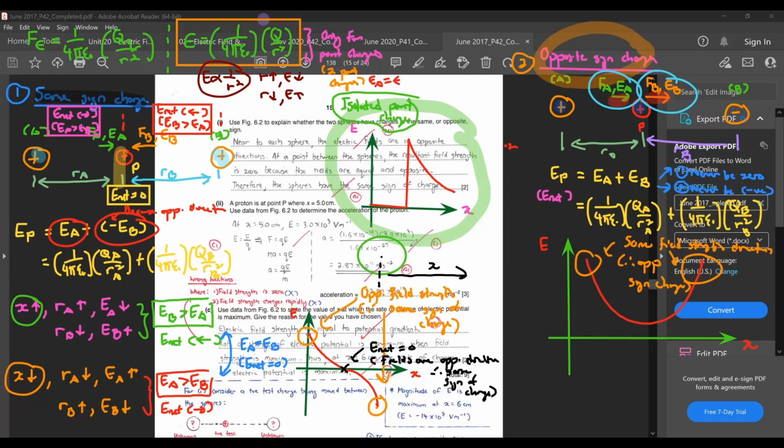You find out what is the field strength at different points from the isolated point charge. Say this one is E1, this one is E2, and then this one is E3.